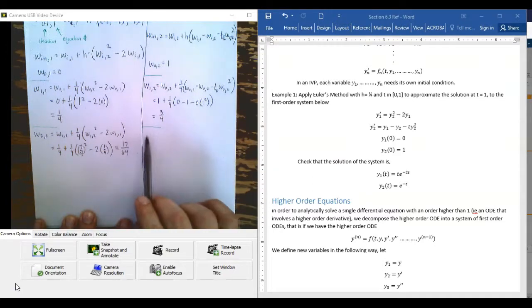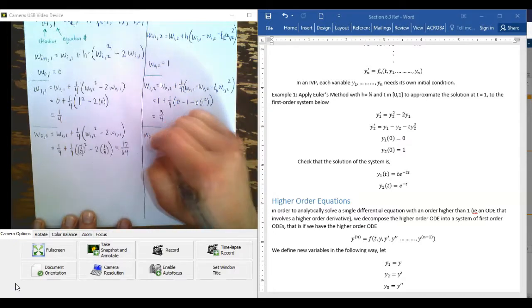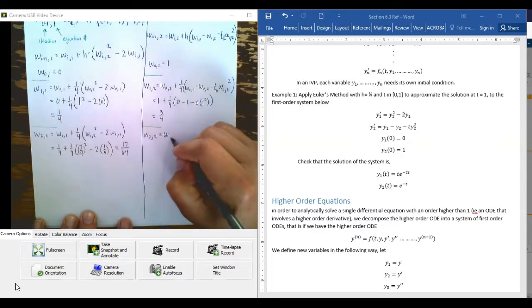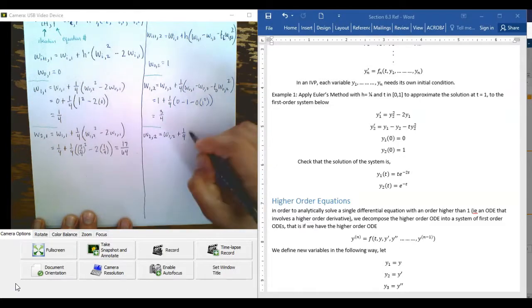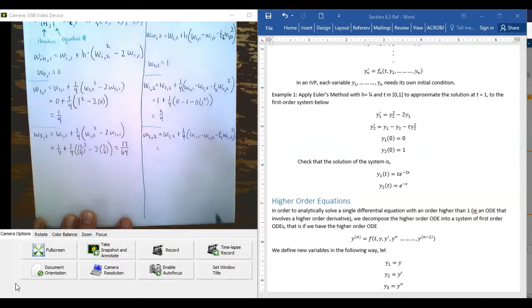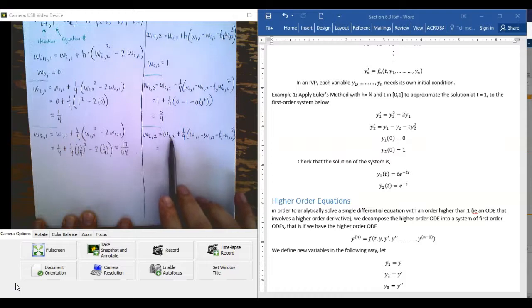Of course, we're going to need to calculate this guy. So this would be the second approximation for the second equation. So that would be W12 plus 1/4 times W11 minus W12 minus t1 W12 squared. It's always a good idea, especially because there's so many subscripts floating around here, just to bite the bullet and write all the notation out so we don't mess up.